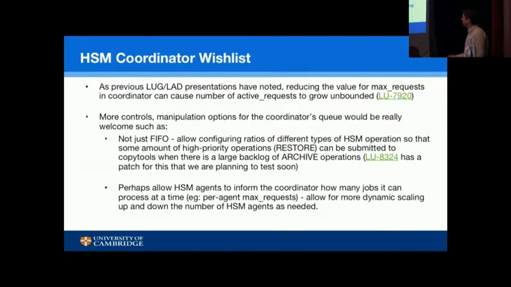And also, another issue that was mentioned in the previous talk is having a quality of service on the queue. We've also run into this issue where if you have a large amount of archives or restores in the queue, that blocks other operations that you might deem to be higher priority. So I'm aware of the patch that's there for that, and I think we would like to try that out shortly.